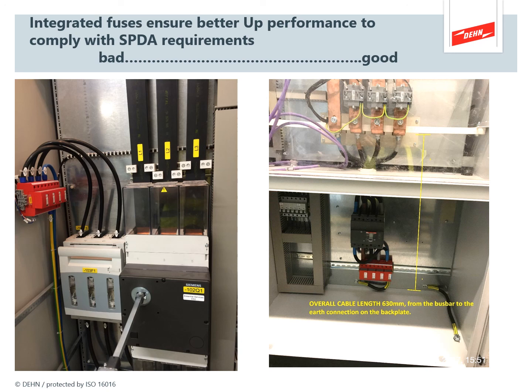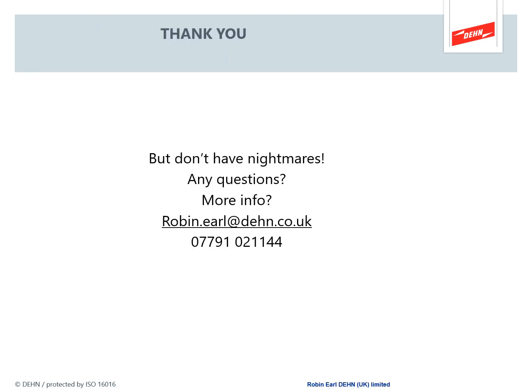The cables are much shorter, and they've written on there the note that they did all of this from the phase bar to the earth connection in 630 millimeters, well within the meter. So we've got short cables, low volt drops, and that is a far better installation than what they had done previously. So that's it. Good to end on a high note.